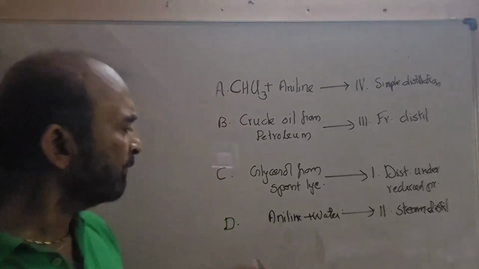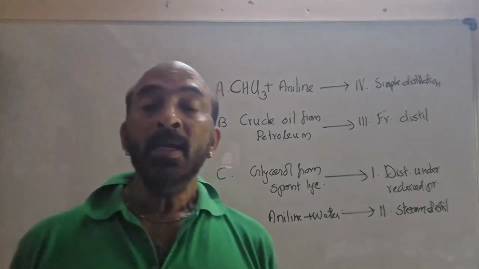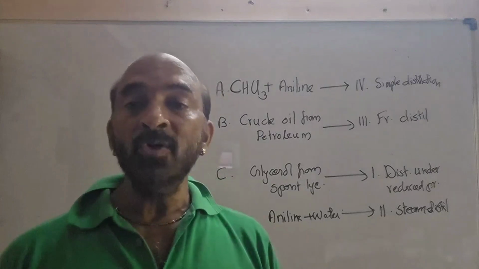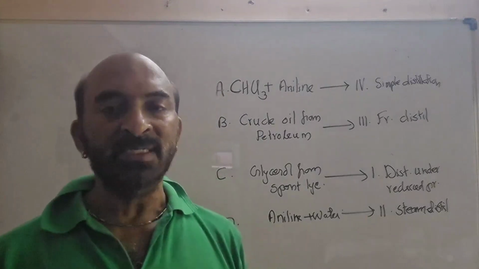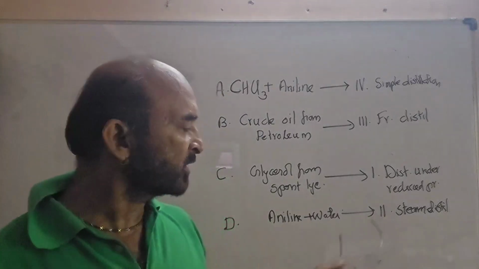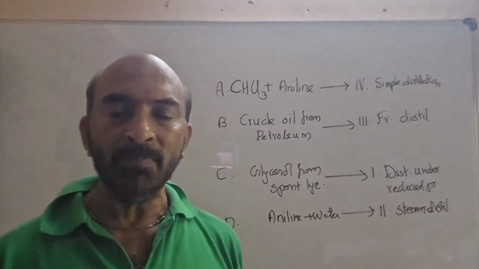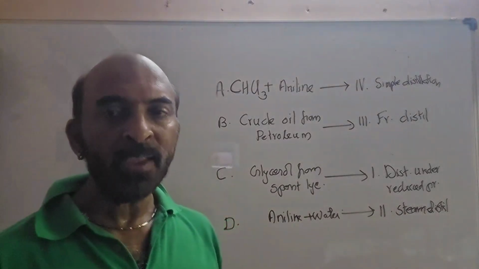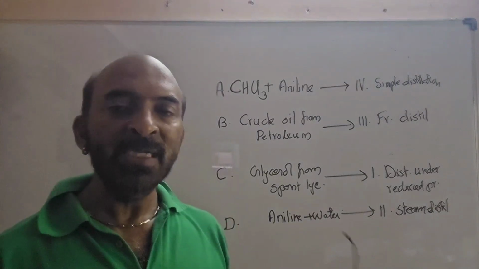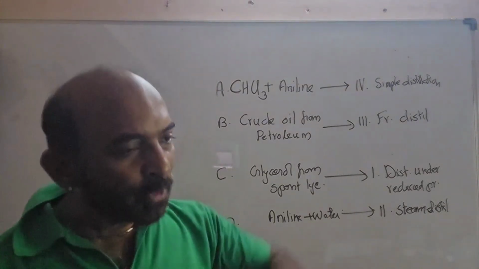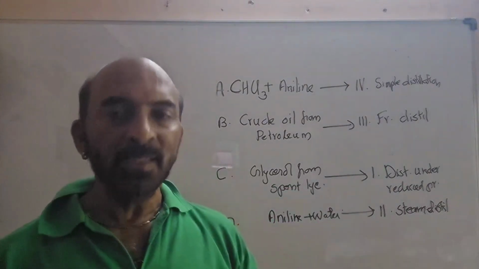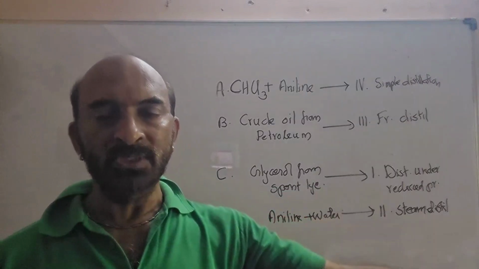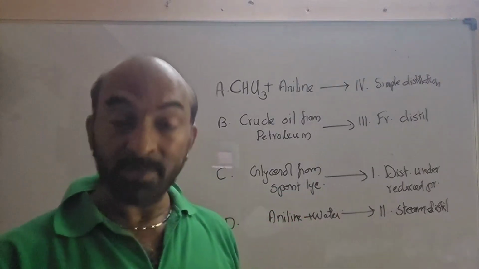And finally we have aniline plus water. It is given as an example in our textbook while we discuss steam distillation. Turpentine oil with water or aniline with water are separated by steam distillation, by passing steam into the mixture. Only the steam distillable substance comes out along with the steam. Aniline thus comes out with the steam and collects separately.